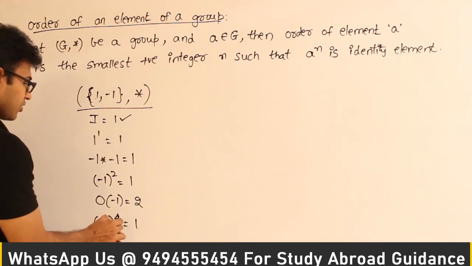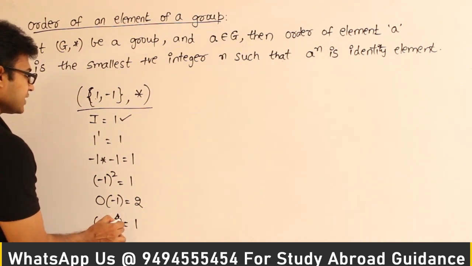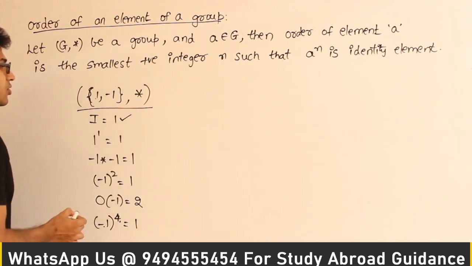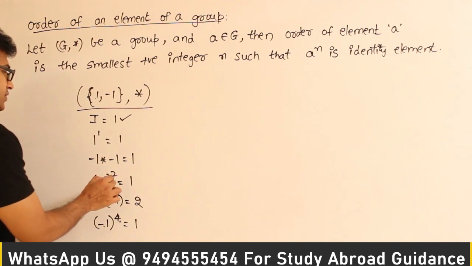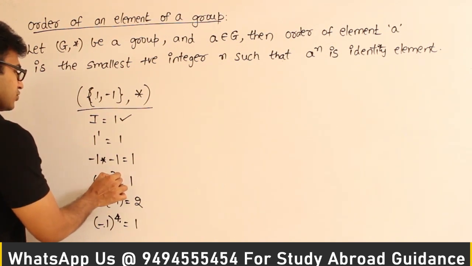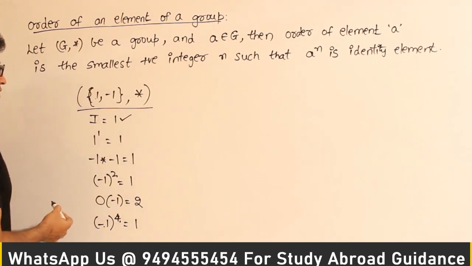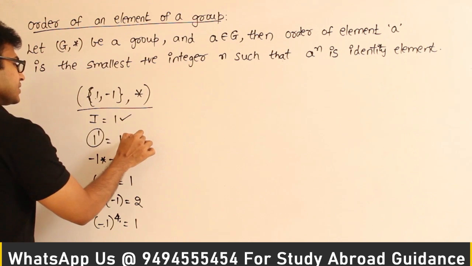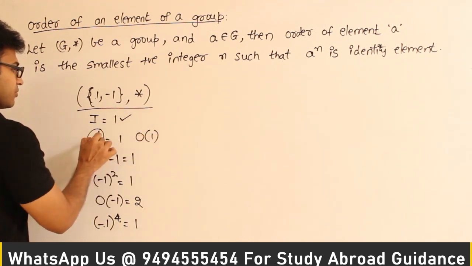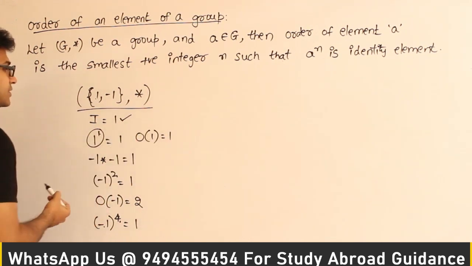You cannot say that order of minus 1 is 5, because order is applicable only for the smallest integer, which means the smallest integer at whose power you are going to get the identity element. Got it? And what about the identity element itself? Order of the identity element 1 is 1 itself, because 1 power 1 is 1.